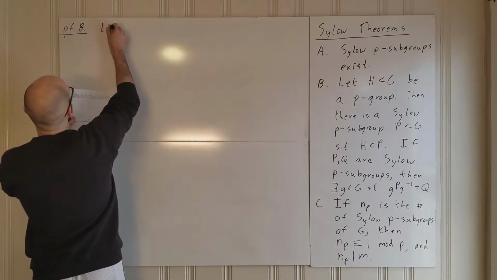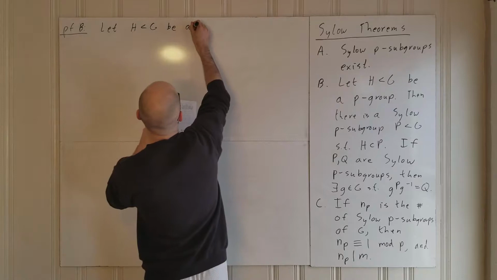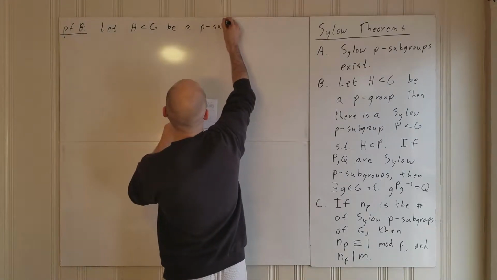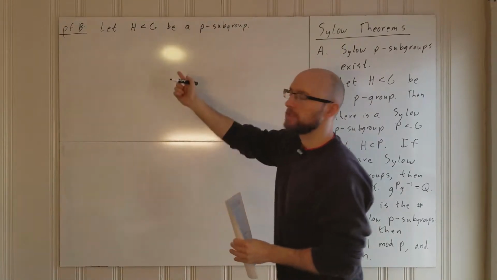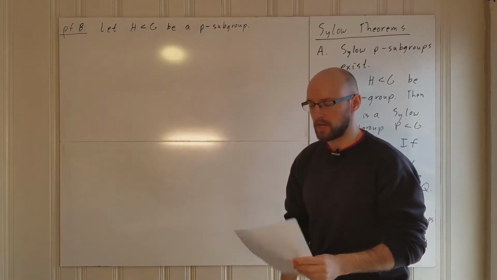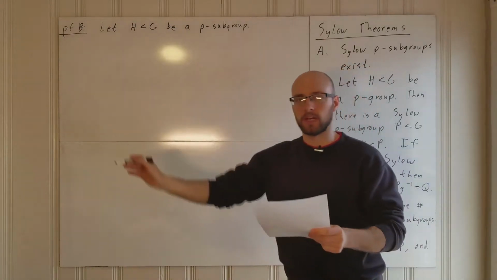So let H be a p-group, or a p-subgroup, I'll say, because it's a subgroup of G. Remember, G has size p to the r times m, where p does not divide m.